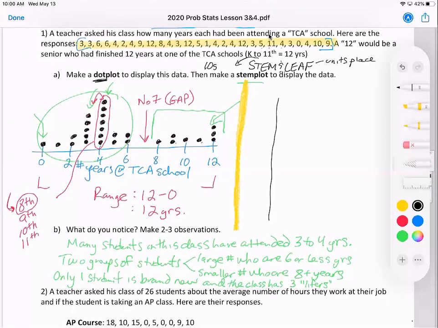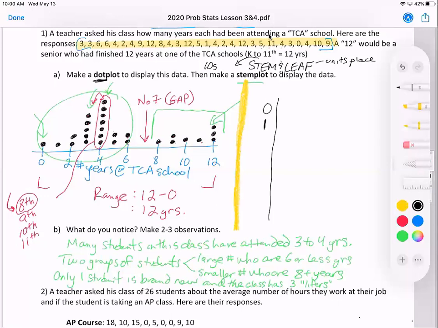So our stem and leaf plot, we're going to have numbers that are single digit numbers, and then we're going to have numbers that start with a 1, as in like 10, 11, 12. So let's start with 10, 11, 12.